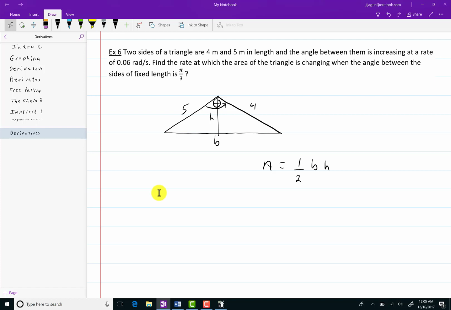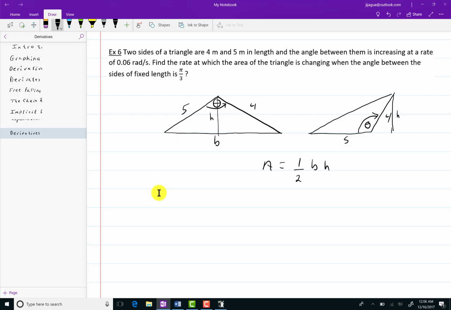BH. Now what made this problem work out really well was when I changed my picture. I instead rewrote it like the following. So I put a 5 there as my base, theta here, this one's 4. Then the height is the length of this, so I can call that h.